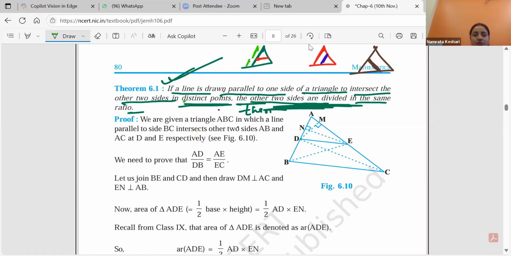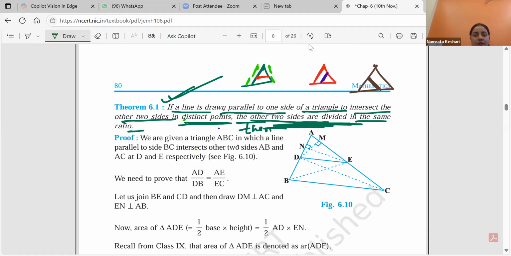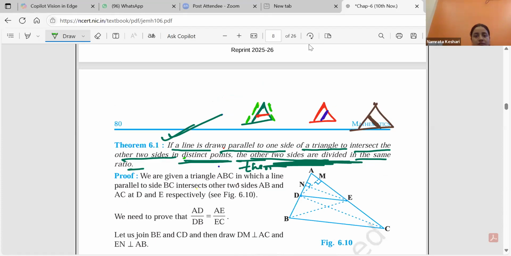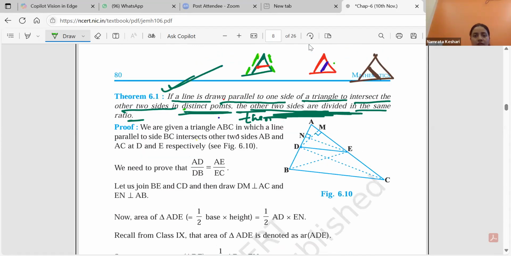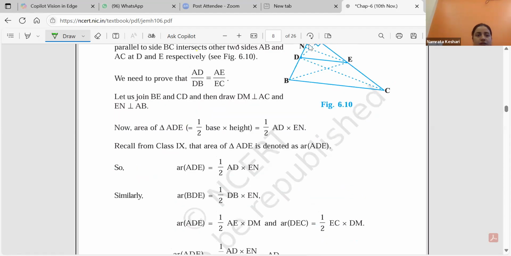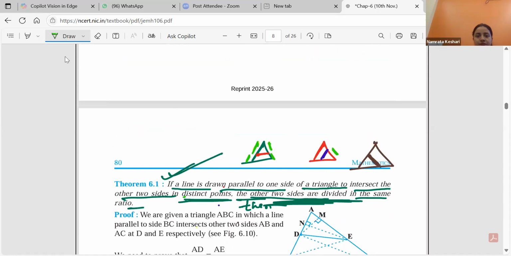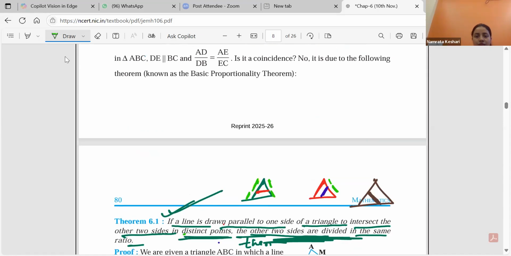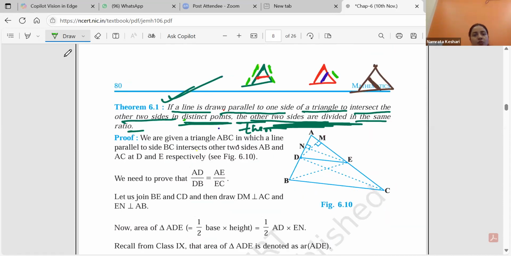This one to this one will be the same as that one to that one, or this one to this one will be equal to the other one, the downward one.